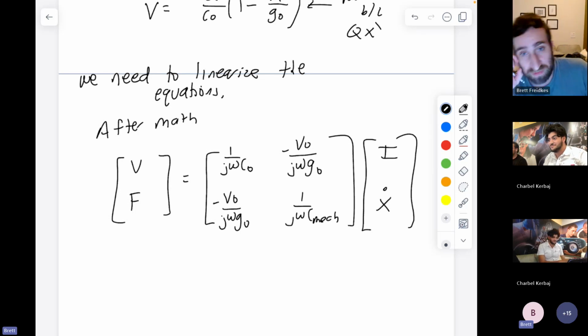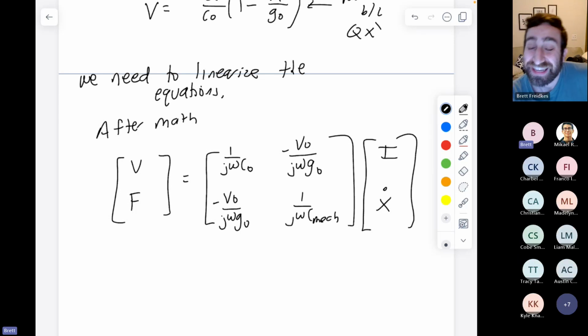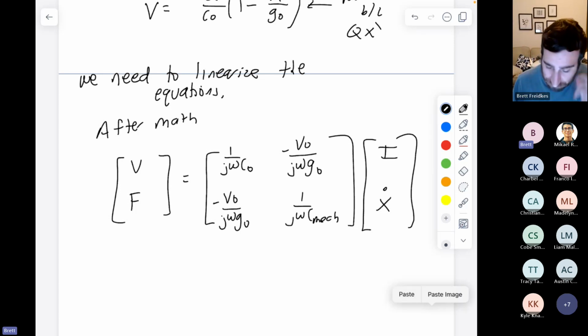And this is a matrix representation of our transduction. There's a matrix representation of our transduction. And what we learn, if you go further in the note set, is that this matrix representation can be accomplished using a transformer, where we'll use a transformer to go from one domain to another.